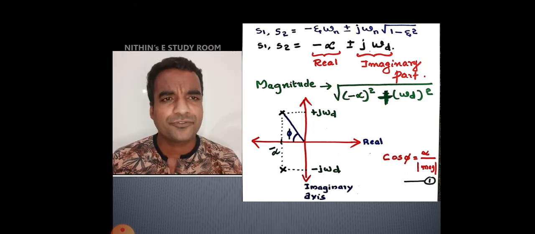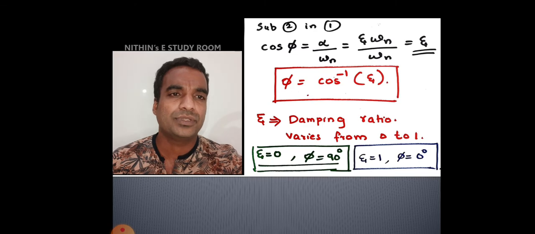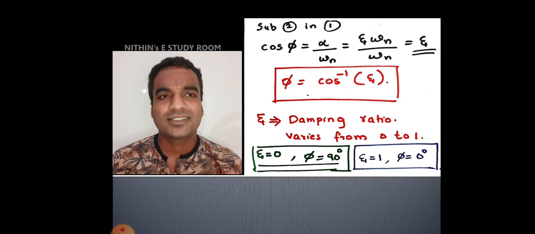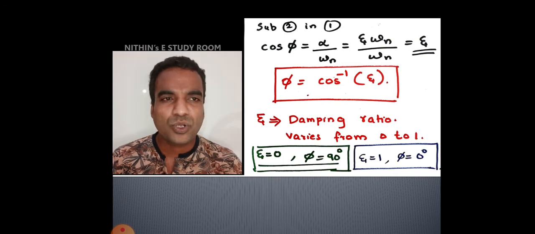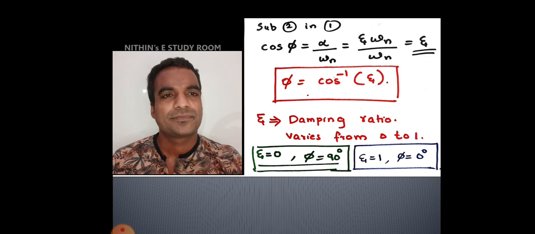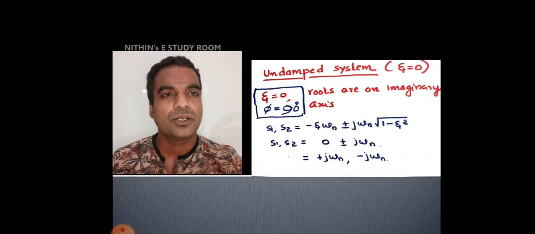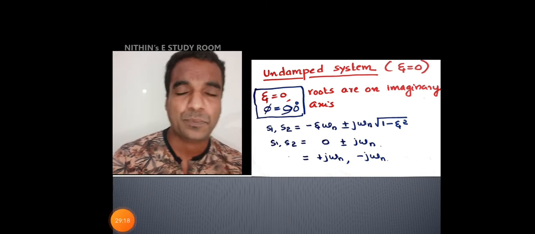Anyhow, don't get confused. You have to remember up to this only. All the other conclusions I will derive in the coming classes. Now I am explaining some more concepts, that is undamped system.